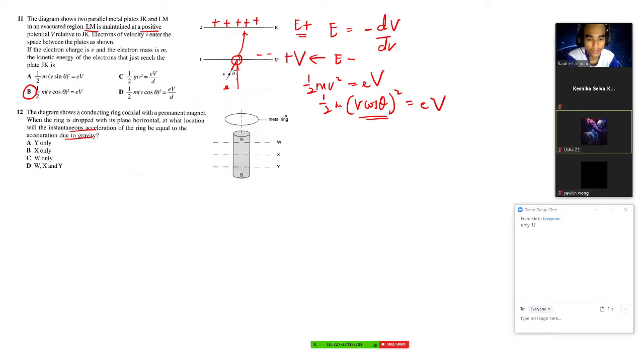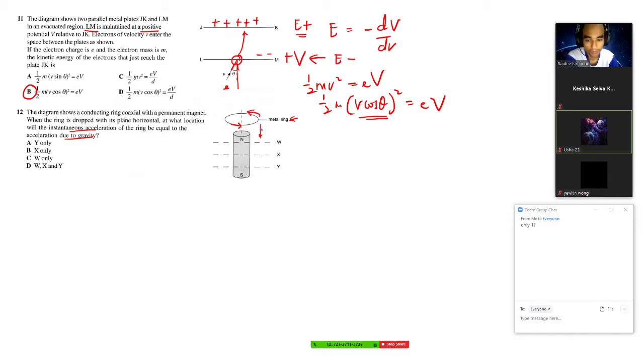If we have a metal ring, it is a conductor. When a metal ring is dropped into a magnet, the metal ring will slow down because the magnet will induce a current. There will be current induced inside the metal ring.